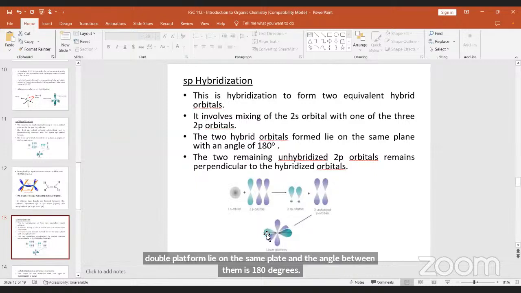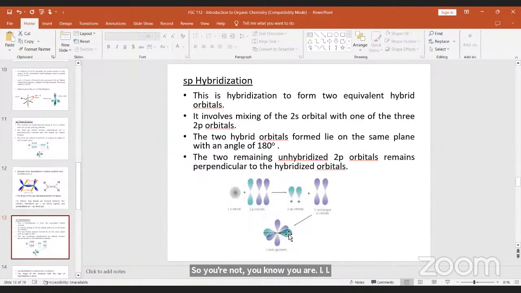So you have two hybridized sp orbitals now with one electron in their lobes. The two remaining unhybridized 2p orbitals remain perpendicular to the hybridized orbitals. When you hear perpendicular, it means that in relation to one another, it is 90 degrees.